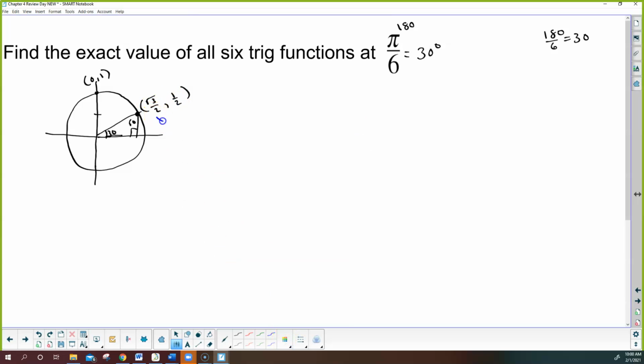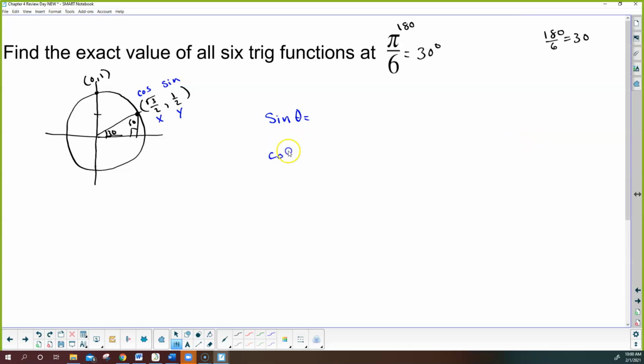Now, unit circle, here's x, here's y, or as we learned, it's cosine and sine. However you want to think of this, I want to set up my 6 trig functions, and I recommend doing it in this order.